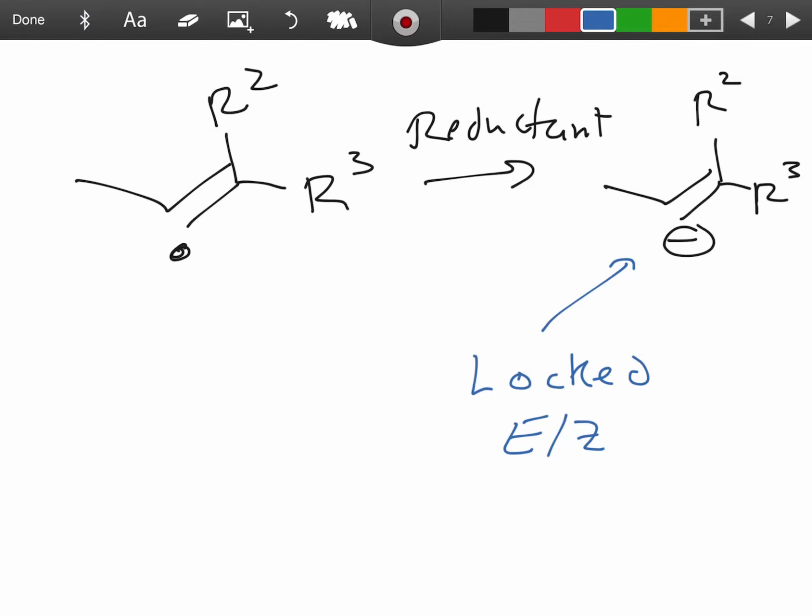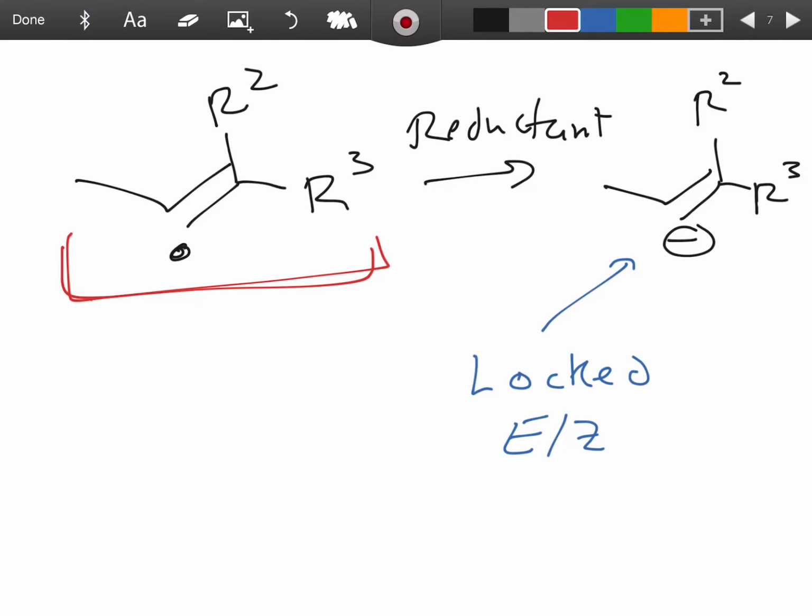So as the radical, here, the methyl group is able to flip to be beside R2 or be beside R3, depending on which one's smaller, and it will go back and forth until it finds the most stable conformation. Once you turn that radical into an anion, you then lock that methyl group, and it can't flip back and forth anymore. So when it's the radical, at this stage, is when it decides if it's going to be E or Z, right?